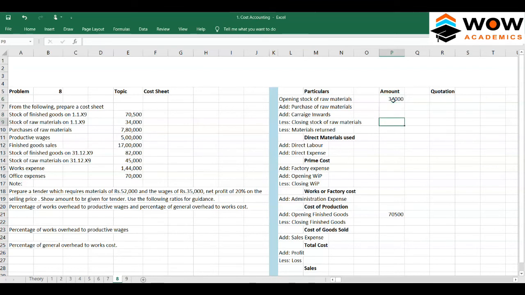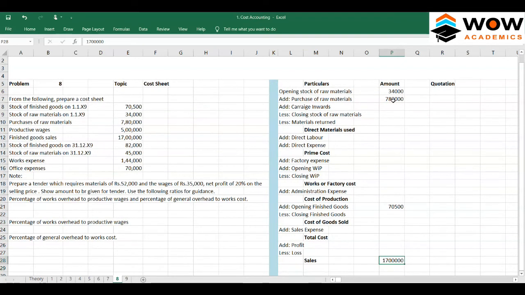Purchase of raw material is going to be 7,80,000. Finished goods is going to be 17 lakhs. Finished goods sales is 17 lakhs, and sorry, productive wages was 5 lakhs.